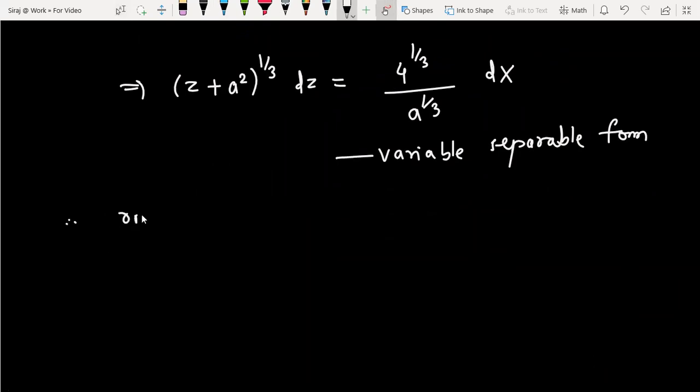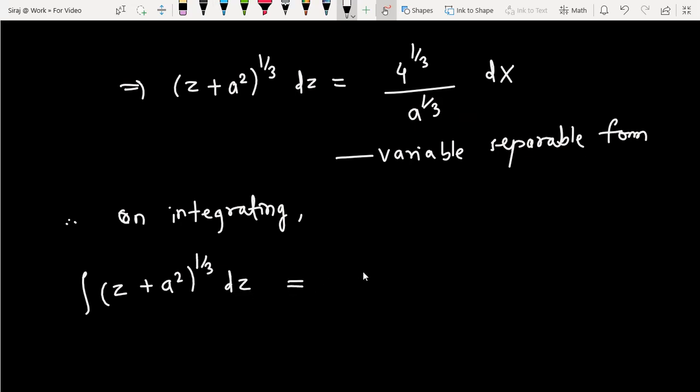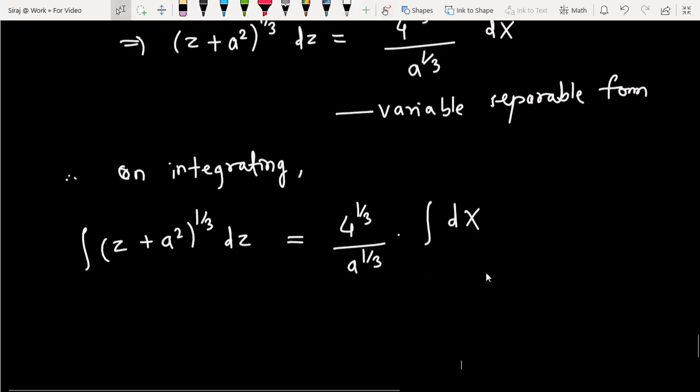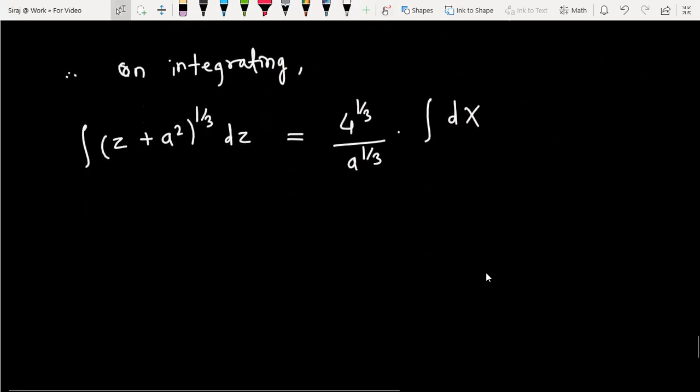So therefore on integrating our equation we will get (z plus a square) bracket to the power 1 by 3, that's integration with respect to z, that is equal to on right hand side 4 to the power 1 by 3 it is constant, upon a to the power 1 by 3 it is also constant, so we will keep them outside the integration, remaining term integration of dx. Now take the integration which will give the final required solution.